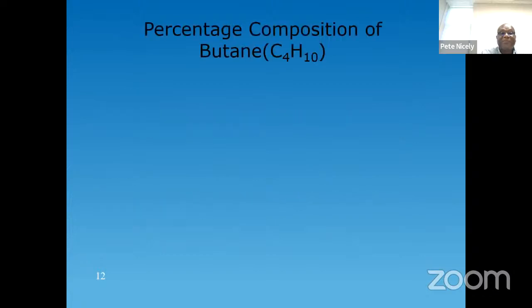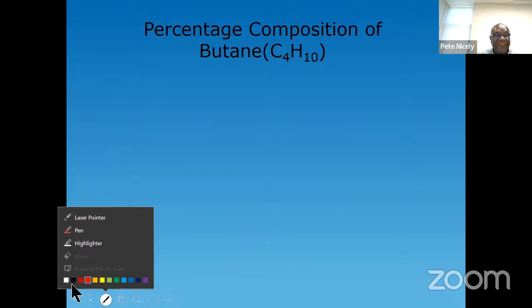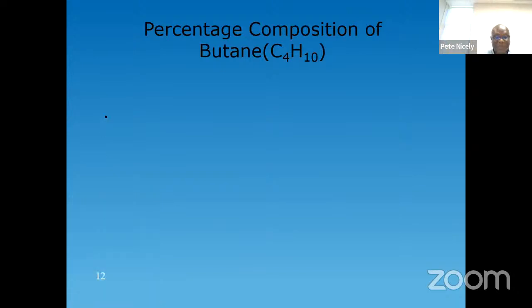All right, so for example, if you're asked to find the percentage composition of butane, what you'd have to do first is determine the molar mass of butane, which is C4H10. It would be equal to 4 times 1.008 grams per mole, plus 10, no, I'm sorry, big mistake.